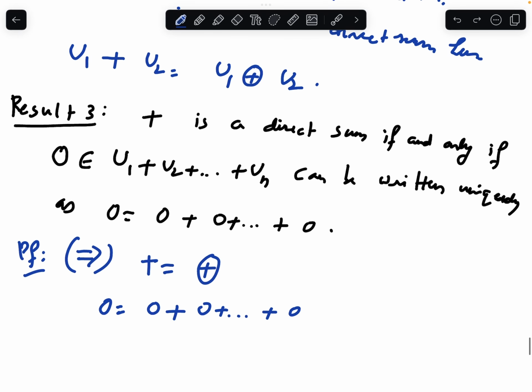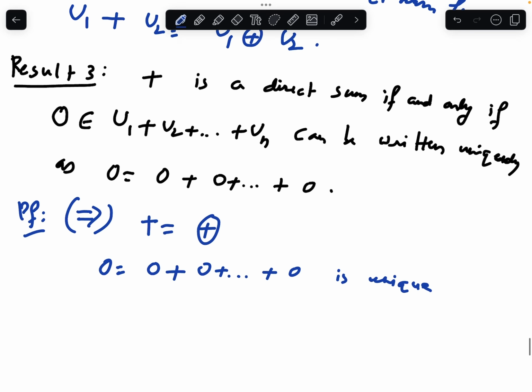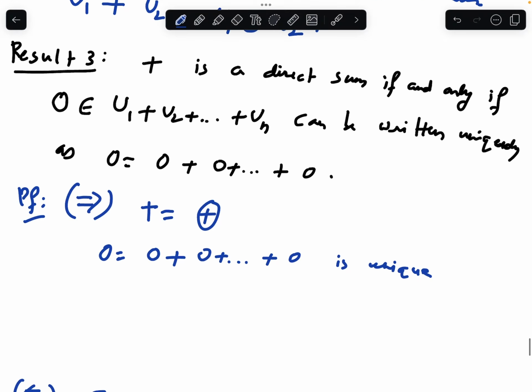Now, this is unique by definition of direct sum, because here we have assumed that the sum is a direct sum. So this part is done.